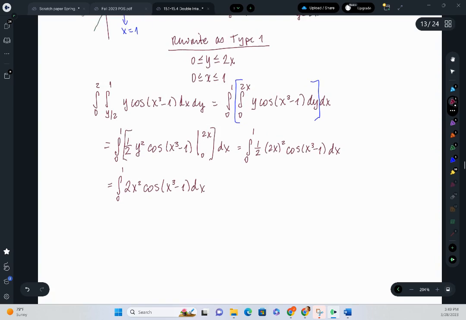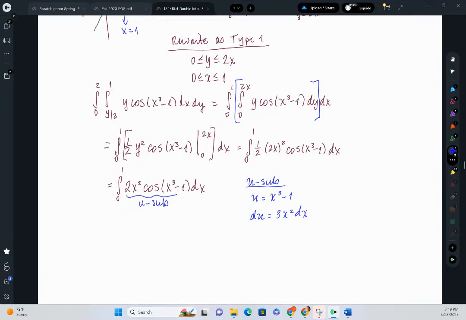This I can integrate. So what I need to notice is that I could do a u sub. And in my u sub, I'm going to take care of that ugly part, the x cubed minus 1. We'll let u be the x cubed minus 1. Then du is 3x squared dx, which I don't have a 3x squared dx.